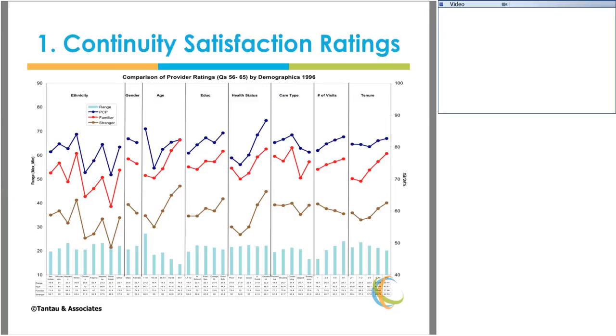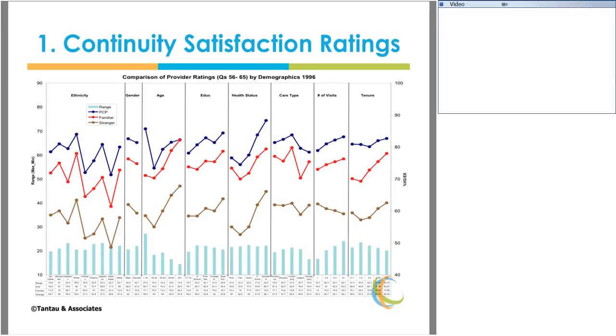This was an early study that happened to have been done at Kaiser in Northern California. Lots of groups have replicated this study, and what we found was pretty fascinating. This is long before access was even on our radar screen. And what you're looking at here are about 70,000 primary care visits and the levels of patient satisfaction depending on who they saw.